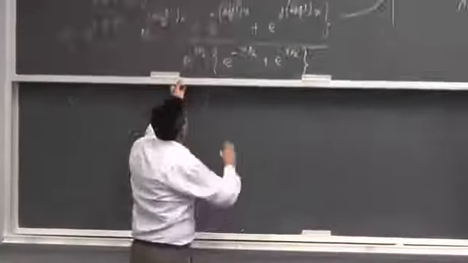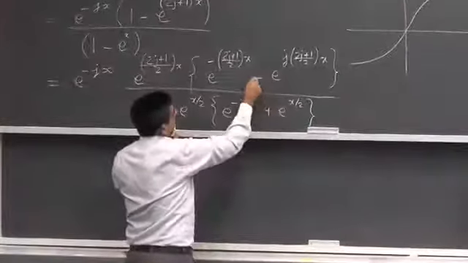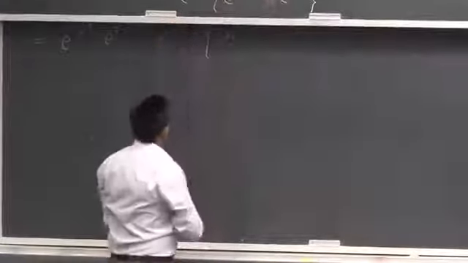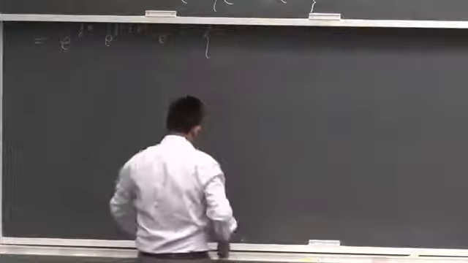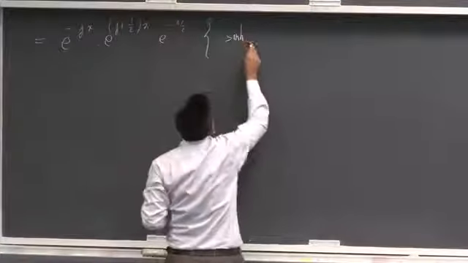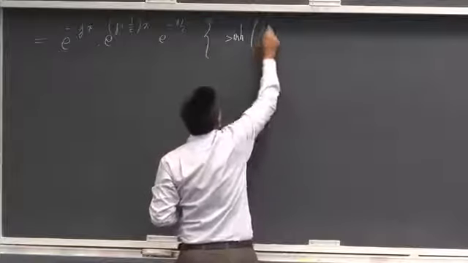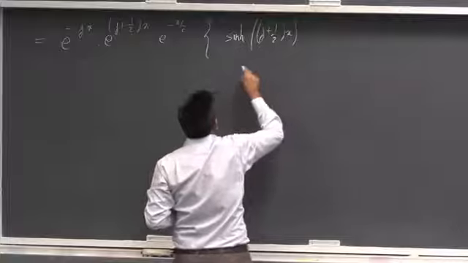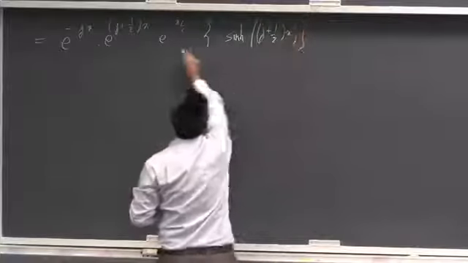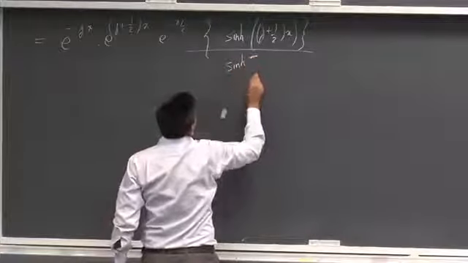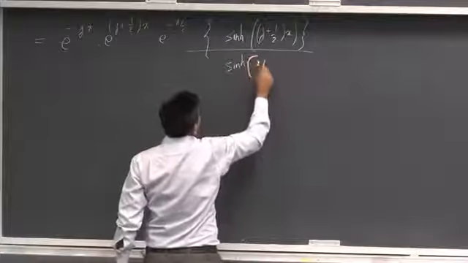Oh, sorry, this is minus and this is a minus, sorry. So this becomes sinh of (J plus half) x divided by sinh of x by 2.